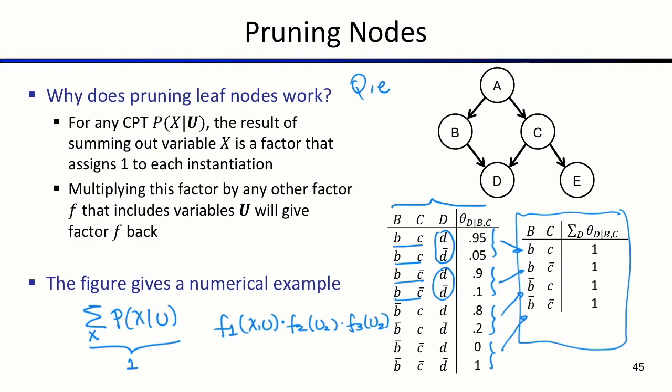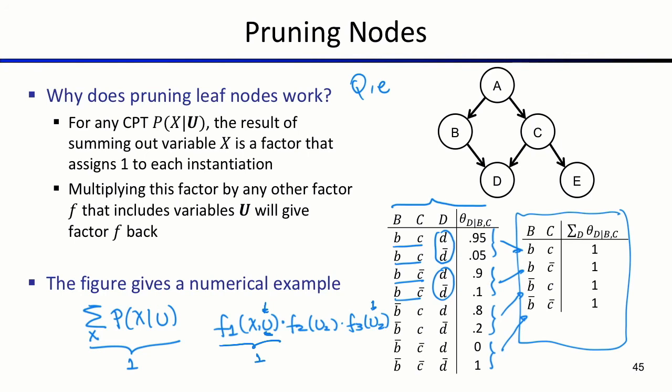So suppose that U1 is one of the parents of x, U2 is another parent of x, together with other variables, their own parents. But the important thing is that when we eliminate x, we get this factor that is 1, or at least we can interpret that as 1, but it's going to be a factor that has all positions equal to 1. And this factor in the variable elimination algorithm will be multiplied by other factors that have those variables that are the parents of x.